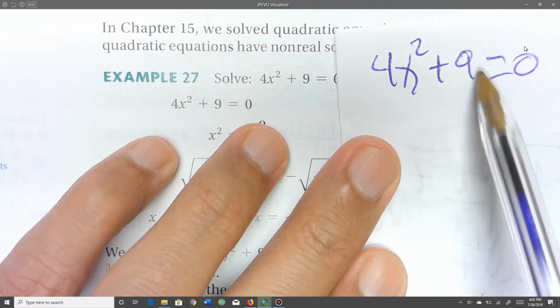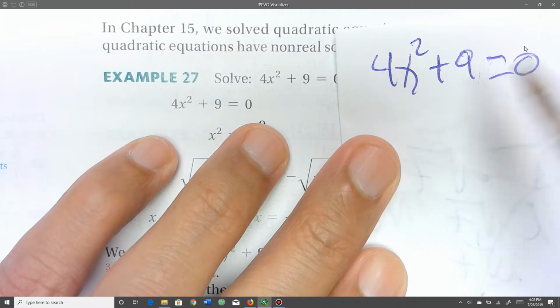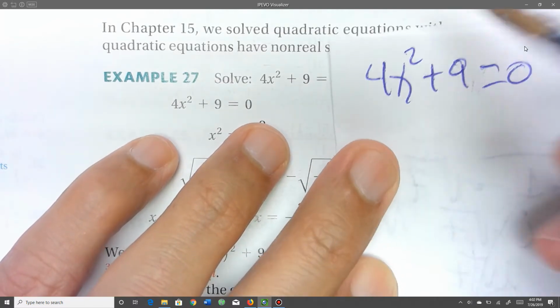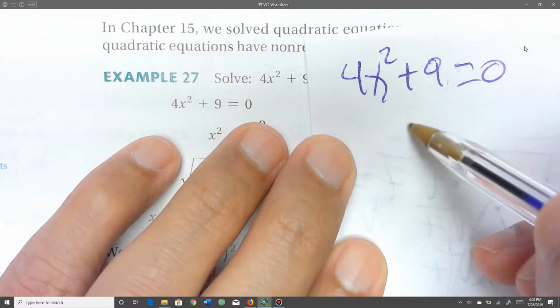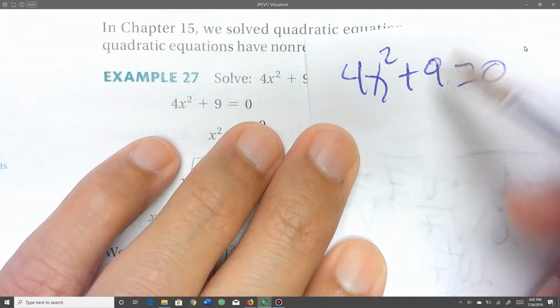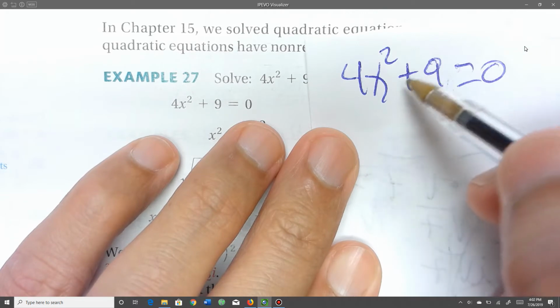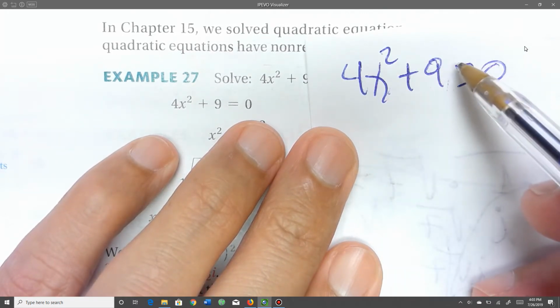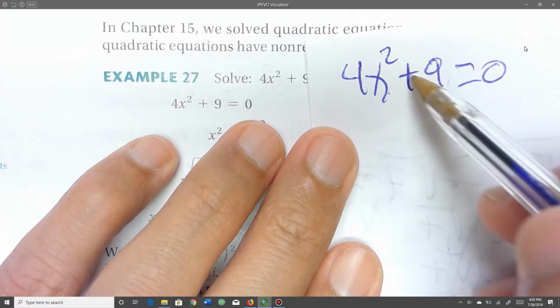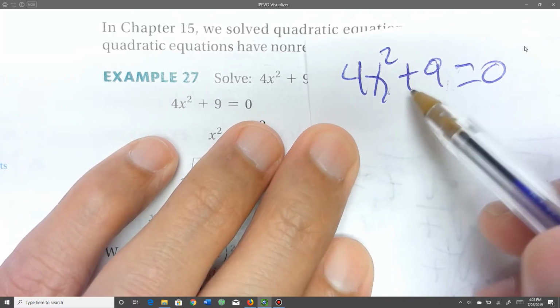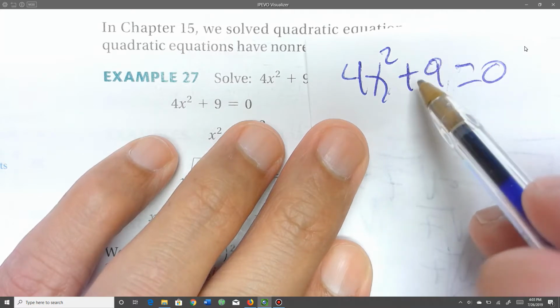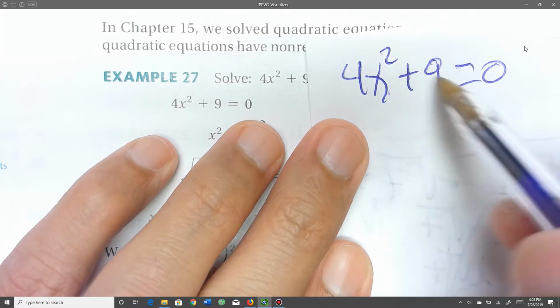In this case, there aren't any common factors here. So you go ahead and solve for x. Even though this looks like a quadratic equation, and it is, you are not going to use any of the methods that you learned to factor, because you're missing a term.